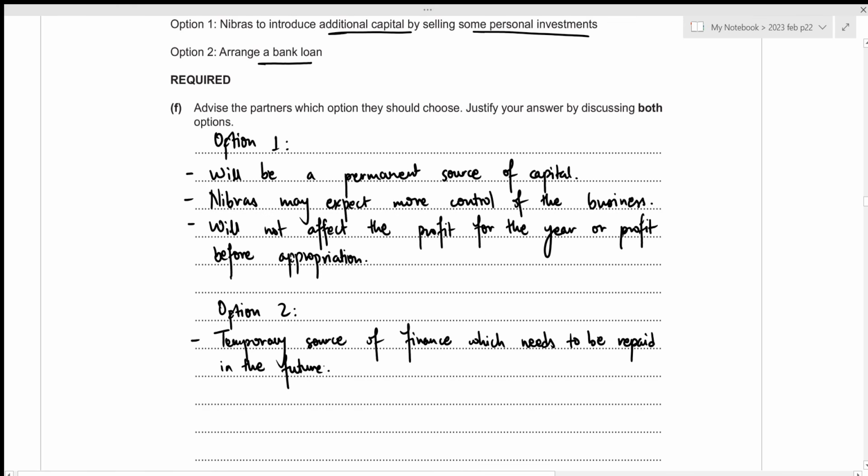Then we will also need to pay interest on the bank loan, which means that it will definitely reduce our profit for the year. So interest charges will reduce the profit for the year.